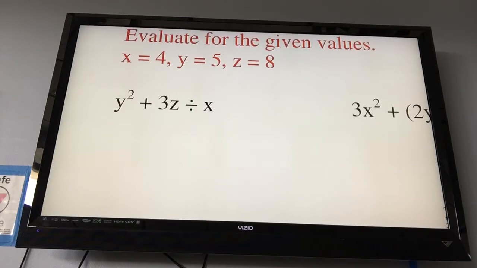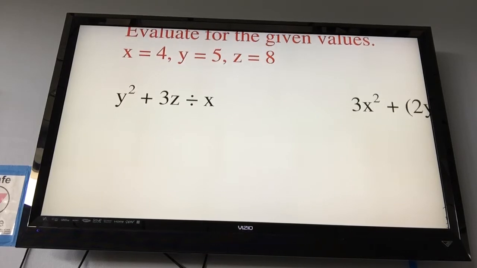So we're going to have y squared, or 5 squared, plus 3 times 8 divided by 4. So I put my 5 in for y, I put my 8 in for z, and my 4 in for x. And now I'm just going to follow my order of operations.